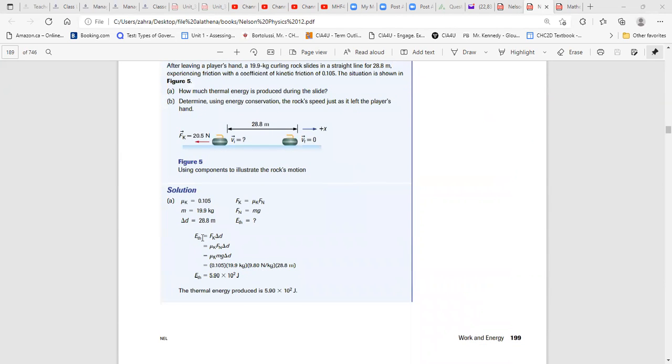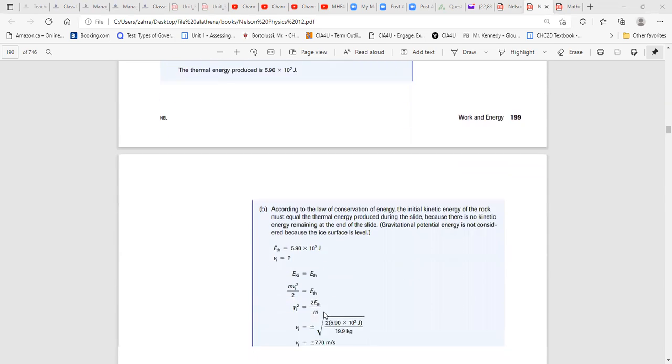Knowing that the thermal energy is the same as work done, force of friction multiplied by the displacement. Force of friction is mu k multiplied by F n. F n is the normal force, which is equal to mg. We have mu, we have the mass, we have g is 9.8. Displacement we have, that would be the thermal energy.